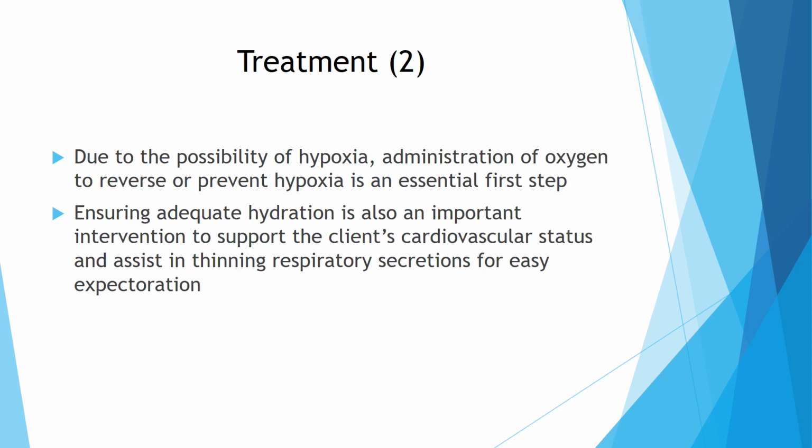Due to the possibility of hypoxemia, administration of oxygen to reverse or prevent hypoxia is an essential first step. Ensuring adequate hydration is also an important intervention to support the client's cardiovascular status and assist in thinning those respiratory secretions for easy expectoration.